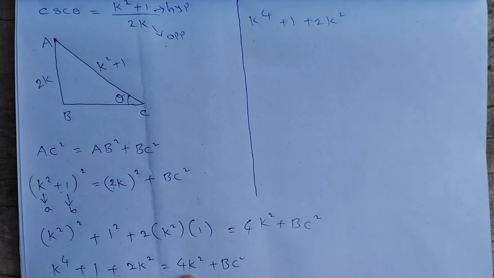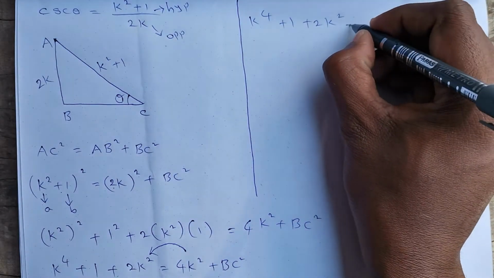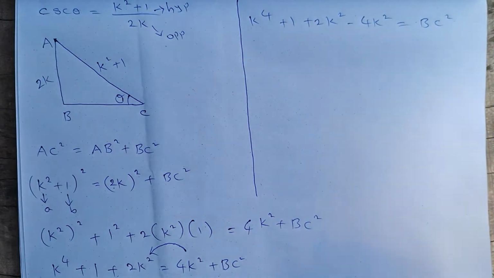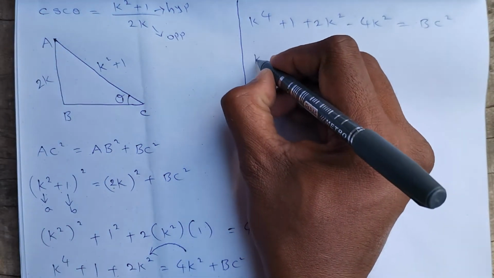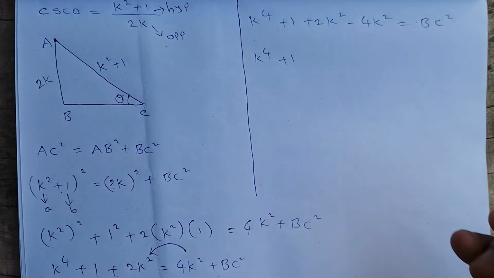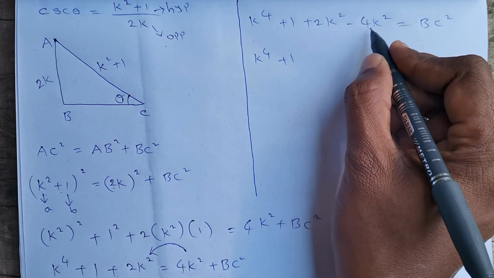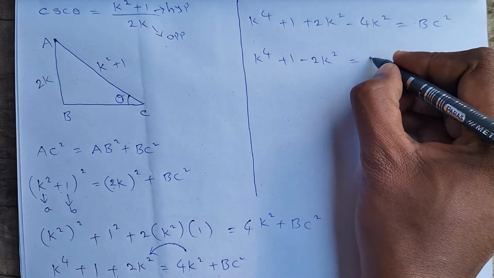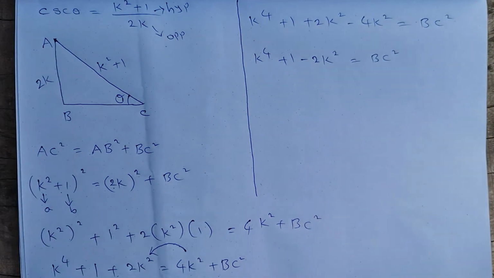On the right side we have 4k square. That 4k square I am taking to the left side, so plus 4k square will become minus 4k square, is equal to BC square. So k power 4 plus 1 plus 2k square minus 4k square is equal to BC square.